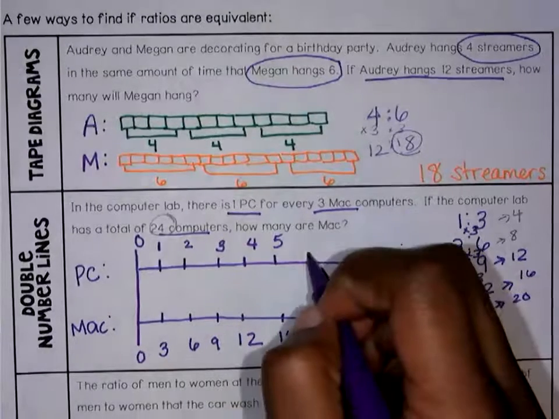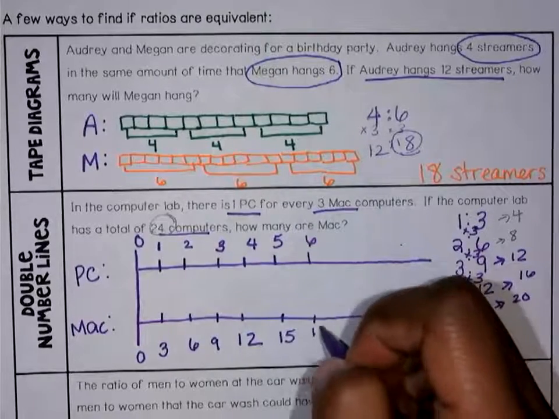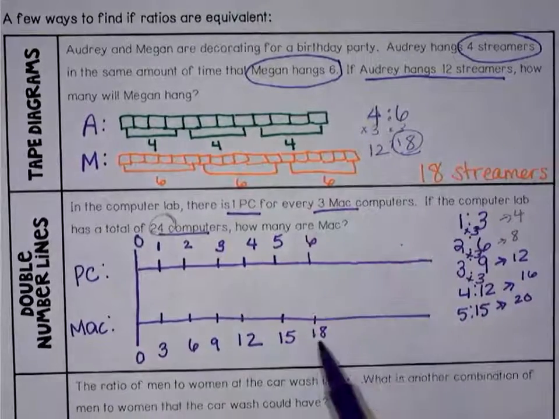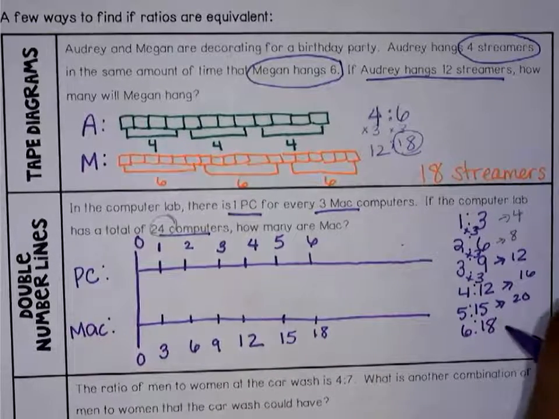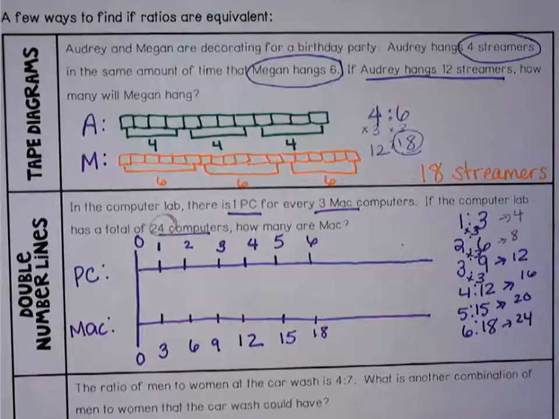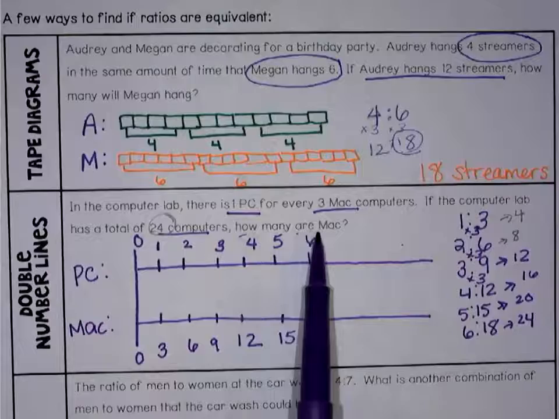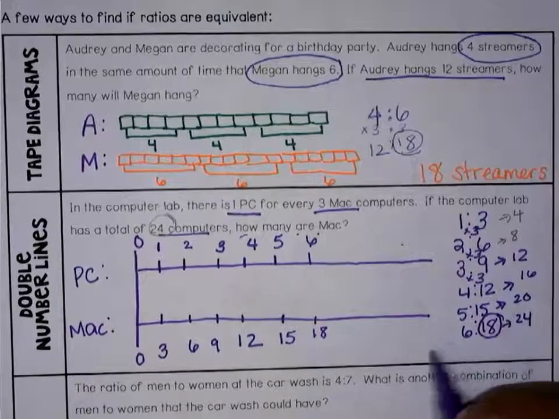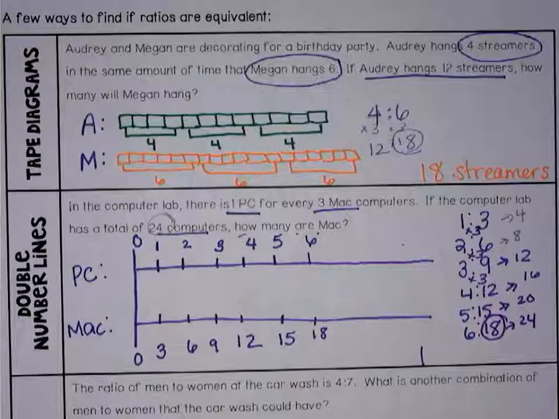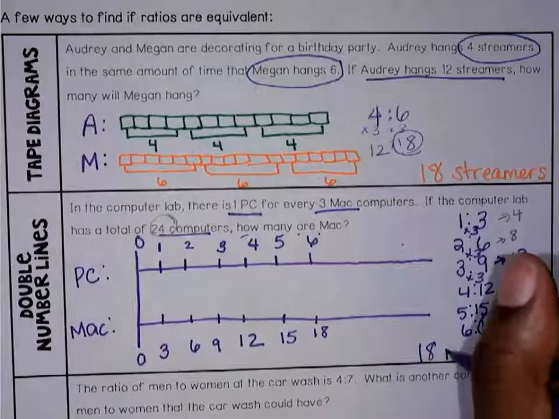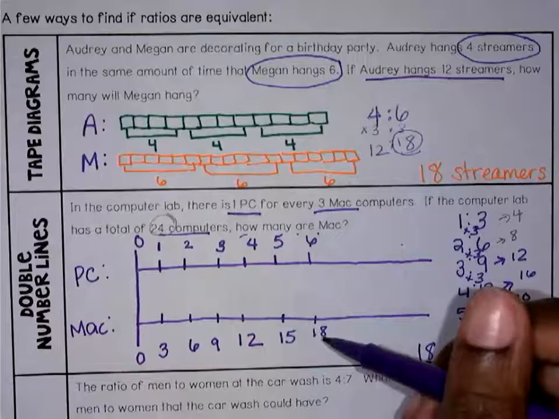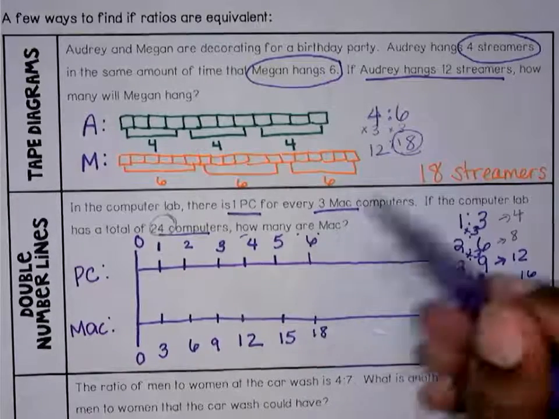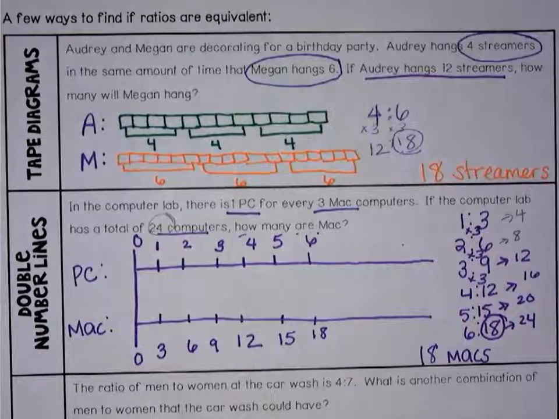If we have 6 PCs to 18 Macs, because 6 and 18 make 24. So it says, how many Macs are there? 18 Macs. Because when you have 6 PCs, you have 18 Macs, and the total of computers, 6 and 18, make your total 24. All right.